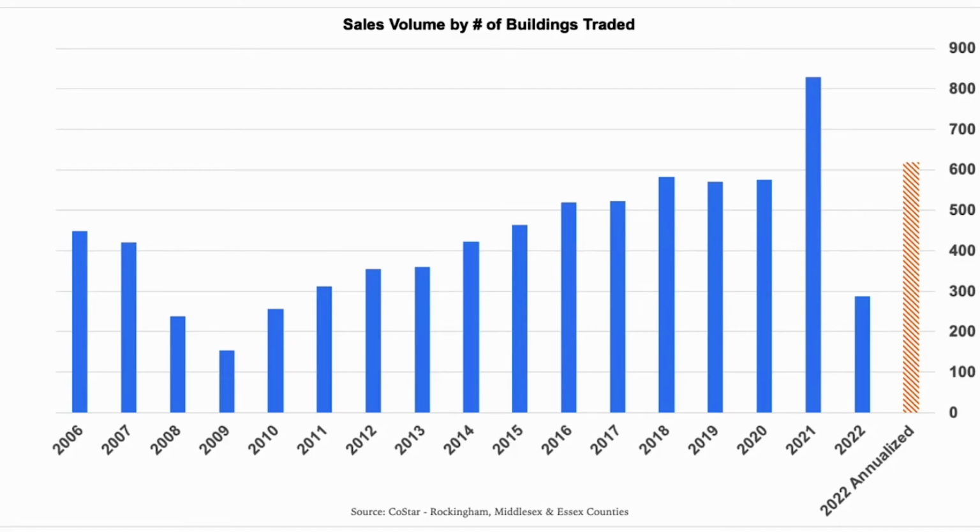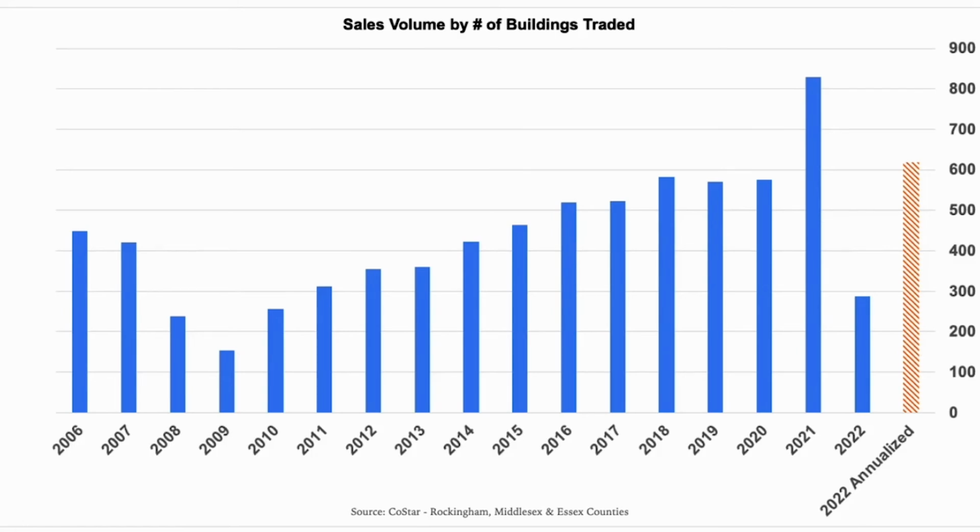In fact, it was like 2 times the long-term average from 06 to 22 for the amount of volume that traded. So a hyperactive year, I'm sure you saw a lot of that on your side with the business advisor transaction world. It's just not representative of what a normal market looks like.